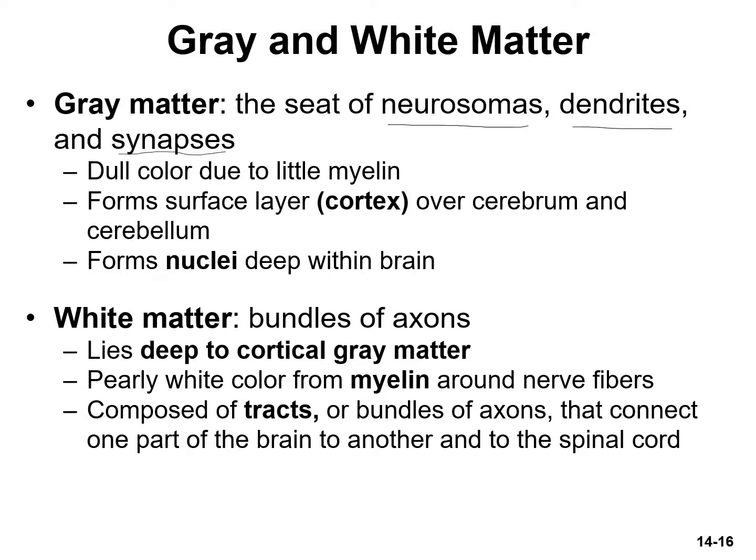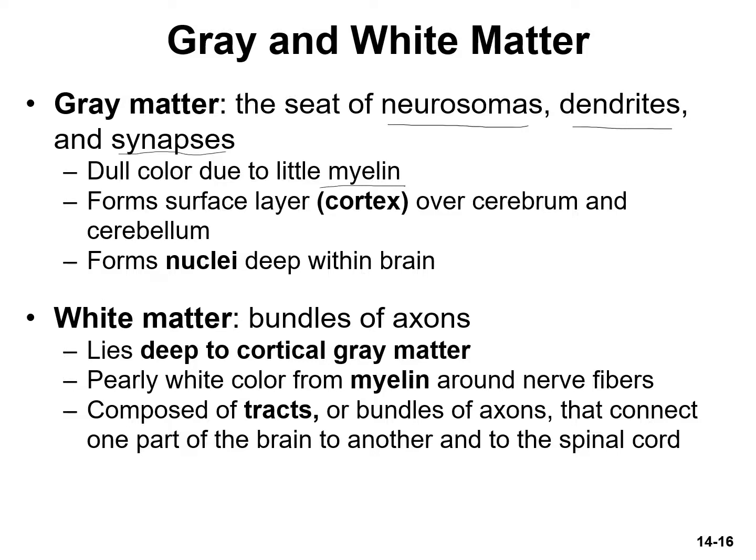It has a dull color that is kind of a grayish brown due to its lack of myelin. Now remember that myelin forms an interrupted sheath around the axon of both central nervous system neurons and peripheral nervous system neurons. The gray matter forms a surface layer, which is known as the cerebral cortex, over the cerebrum, and then a cortex also over the cerebellum.